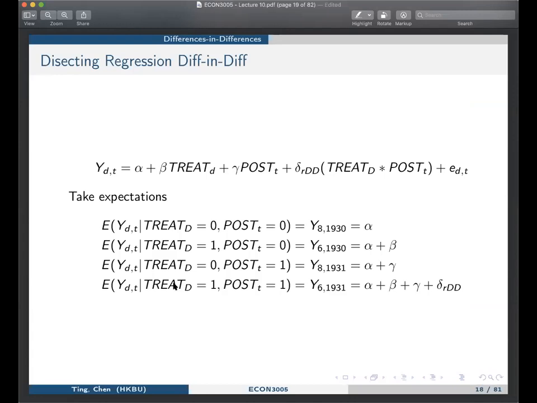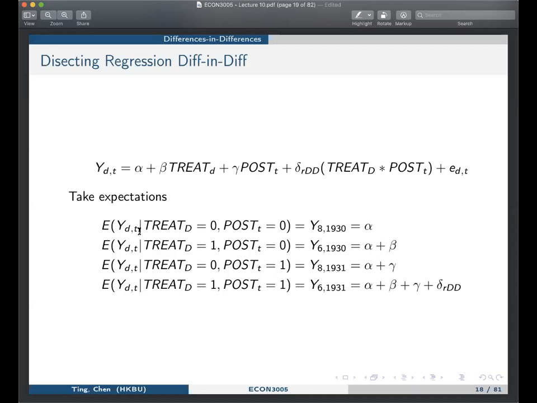So we can look at what conditional expectation each coefficient represents. If the treatment group equals 0 and post equals 0, that refers to the control group pre-treatment, the 0, 0, 0 case. So that's just alpha.